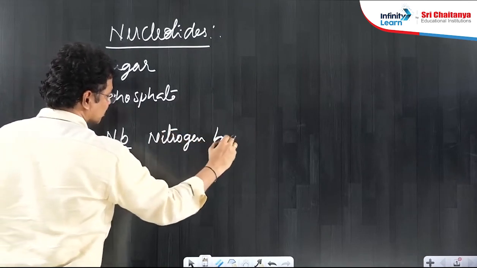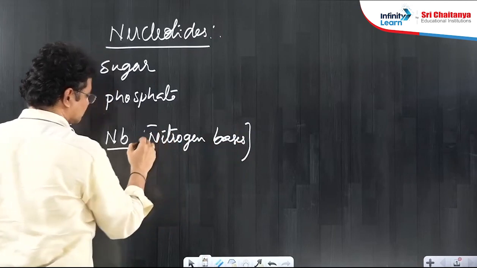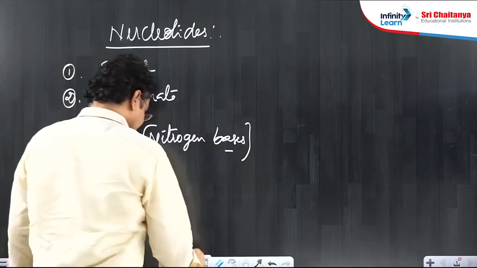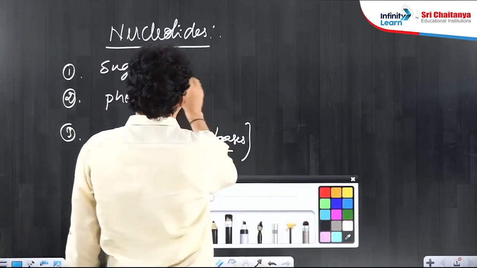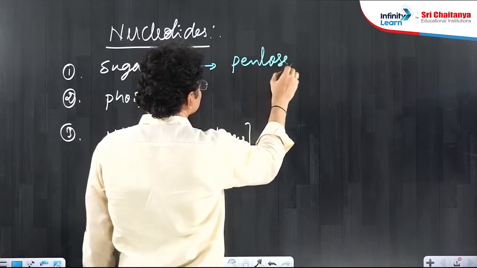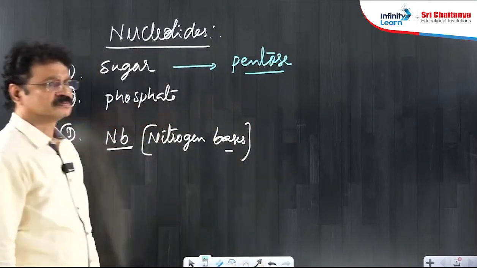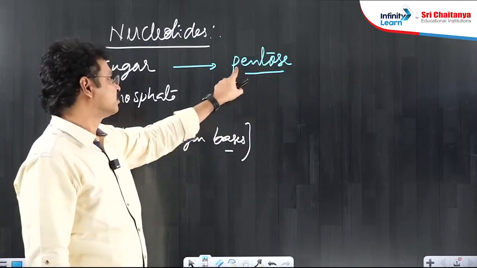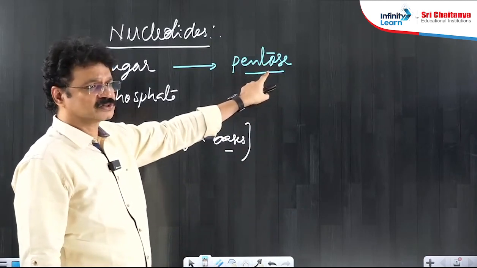We can use the simple word base also. Base is nothing but a nitrogen base. What kind of sugar is found in DNA and RNA? Based on the number of carbons, the sugar is a pentose. A sugar molecule containing 5 carbons is a pentose.